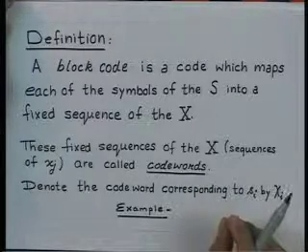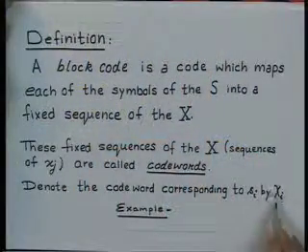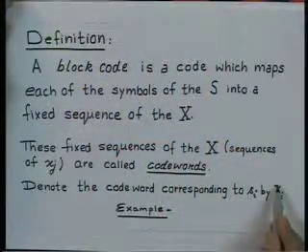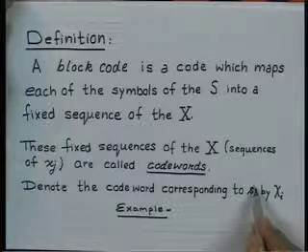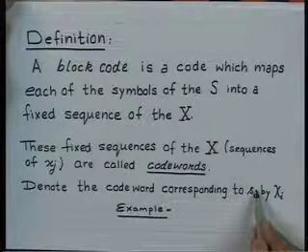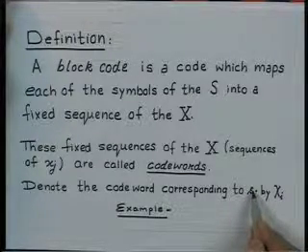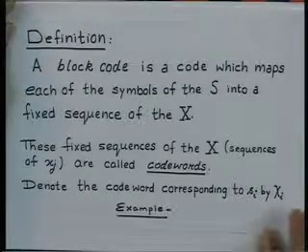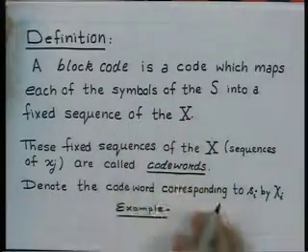Each code word corresponding to a particular symbol in the source alphabet would be denoted by Xi. So, Xi is the code word corresponding to the symbol Si in the source alphabet. Let us look at one example to understand this definition.